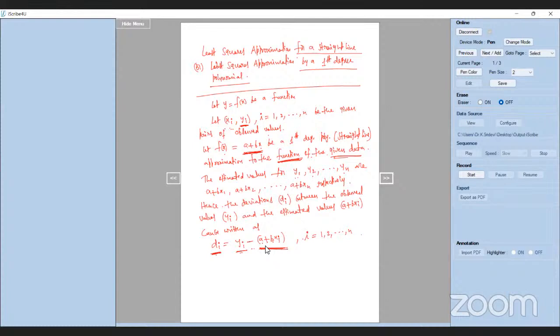So we take the sum of all the square deviations.